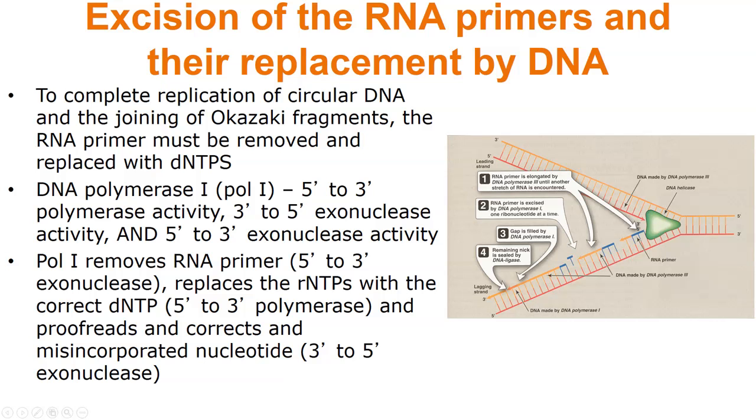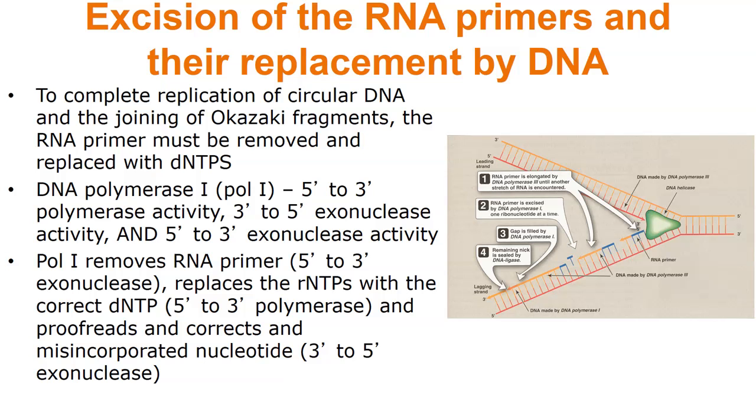So where there is an RNA primer, there'd be a hydroxyl group right there. It can join that and then move on till it gets to the next DNA molecule.